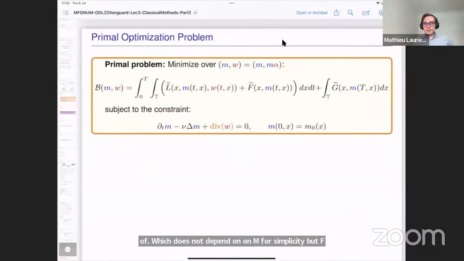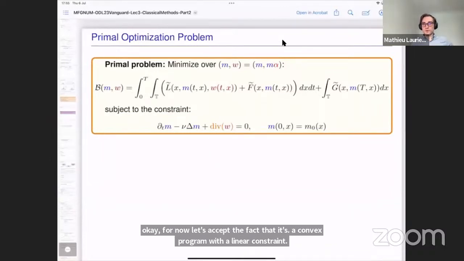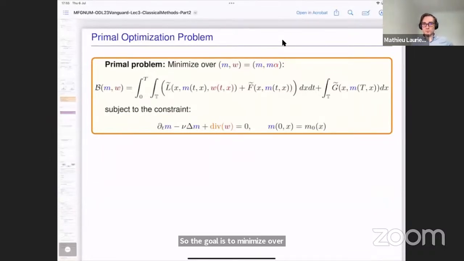So, okay, for now, let's accept the fact that it's a convex problem with a linear constraint. So the goal is to minimize over m, w this function B of m, w. And what we are going to do is use duality and have a dual problem.